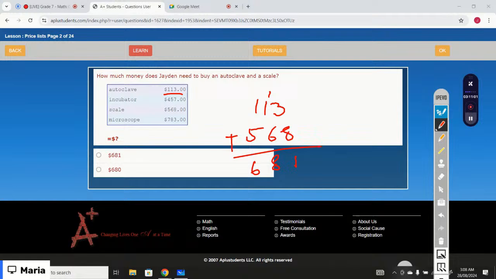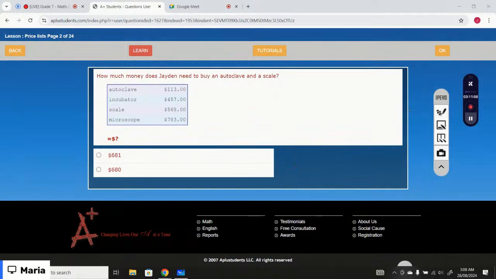So the correct option is $681. Option number 1 is the correct option. Okay, let's just move on to the next one.